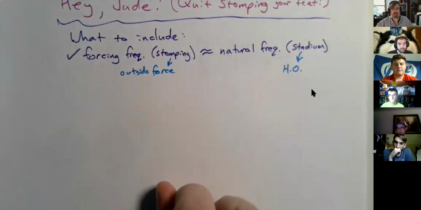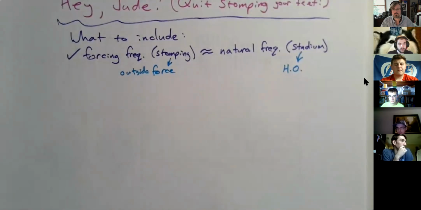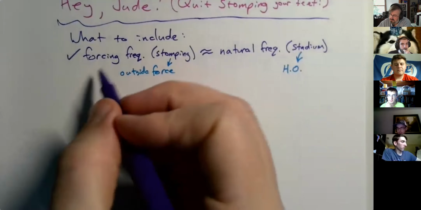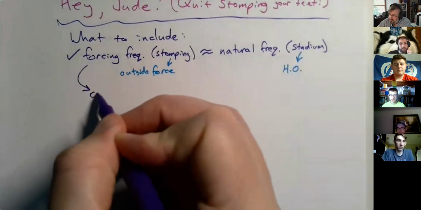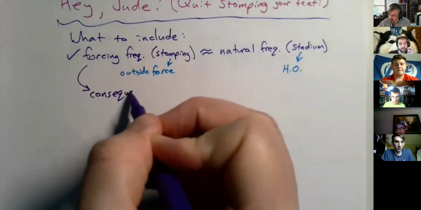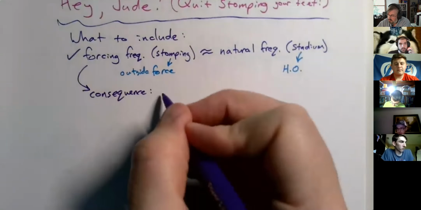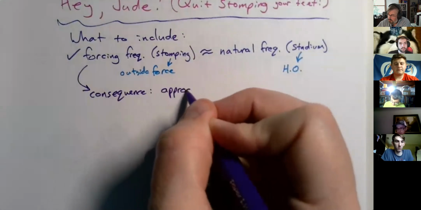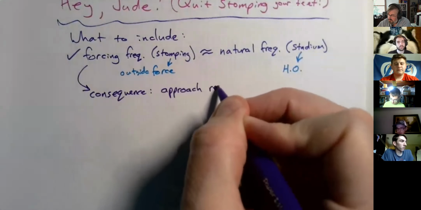What else might we want to include? Should we say that the frequency of the stomping is close to the frequency of the stadium, so it approaches resonance? Okay, so a consequence of this is that we would expect it to approach resonance.